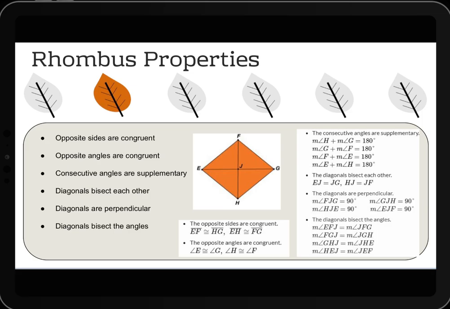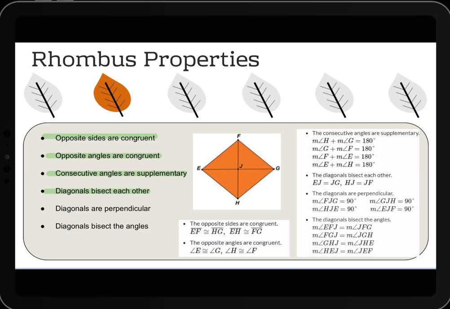Several of these properties are actually properties of parallelograms. So we have opposite sides are congruent, opposite angles are congruent, consecutive angles are supplementary, and the diagonals bisect each other. All four of those represent properties of parallelograms. So every other parallelogram that we talk about is going to have those exact same properties as well.